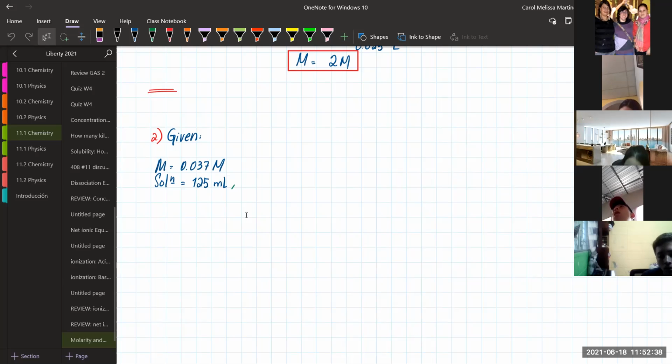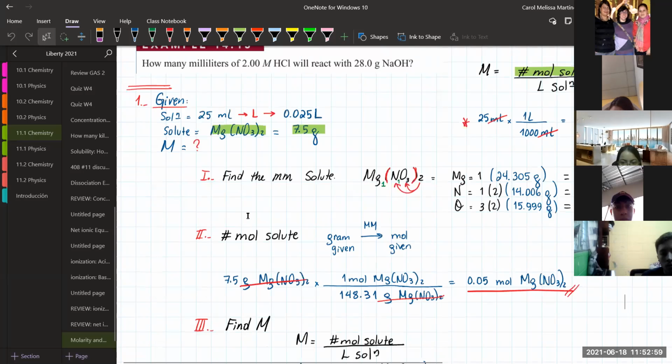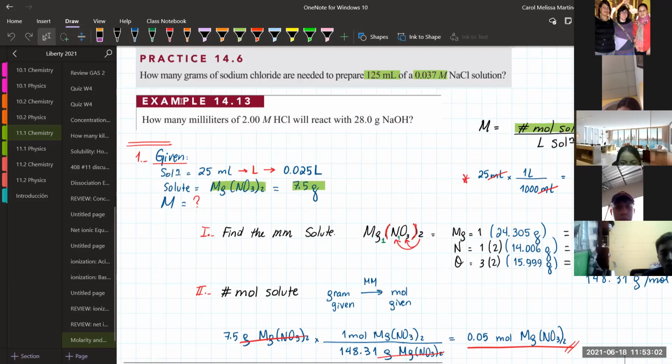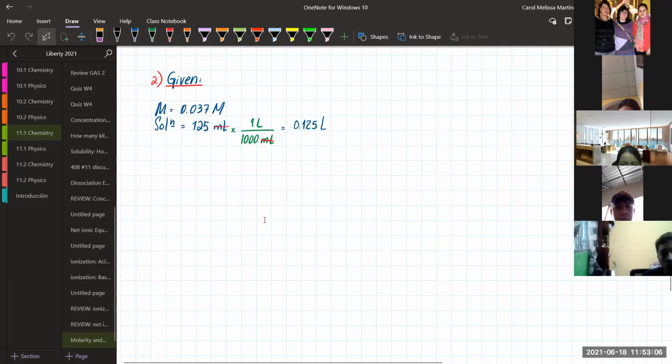So we say that there are 1,000 milliliters in 1 liter. Eliminate the milliliters with milliliters, and as a result, you get 0.125 liters. Now the problem is asking me to find, let's see, because I already forgot, it says how many grams of sodium chloride. So they're asking me grams of the solute.